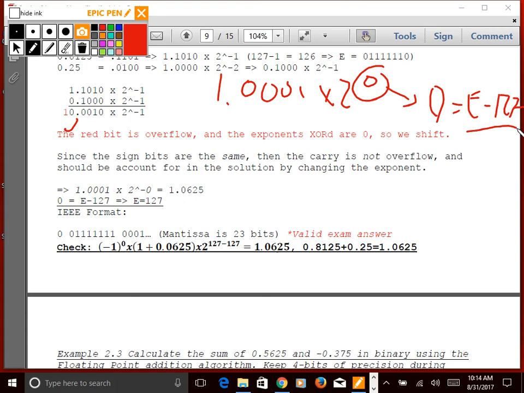Just solve for E, you get 127. You plug that value in here. So if you recall, the result's going to be either 129, 128, 127, or 126. So it'd be very easy to add and subtract the 8 bits here. So this is 128. So 127 just becomes that.